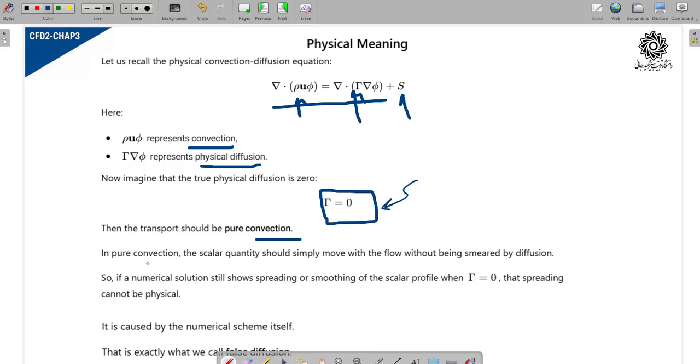In pure convection, the scalar quantity should simply move with the flow without being smeared by diffusion. So, if a numerical solution still shows a spreading or a smoothing of the scalar profile when gamma equals zero, that spreading cannot be physical.